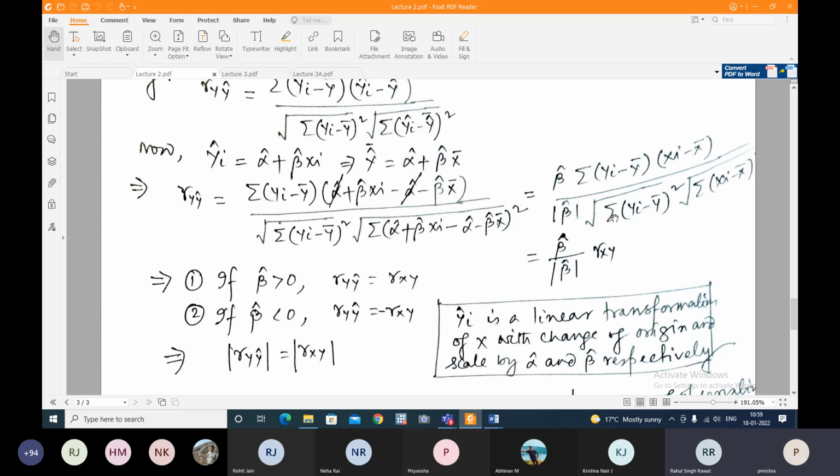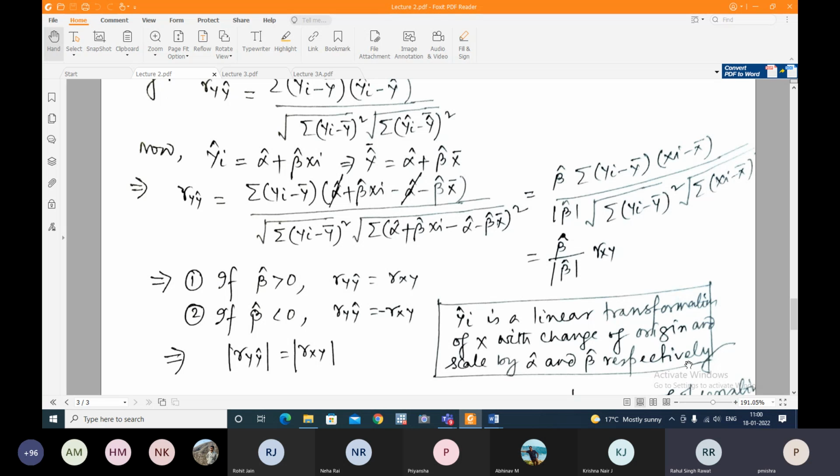Now, why is this happening? Someone already told in the last class. That is what I have written down, that y hat i is a linear transformation of x with change of origin and scale by alpha hat and beta hat respectively. And you know, when we change the origin and scale of a variable, the correlation coefficient doesn't change in its absolute value.